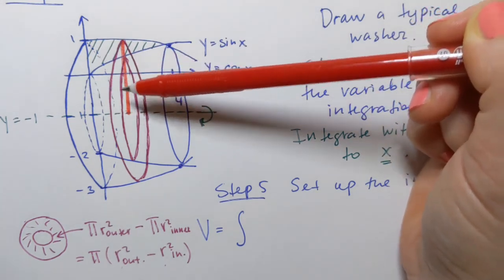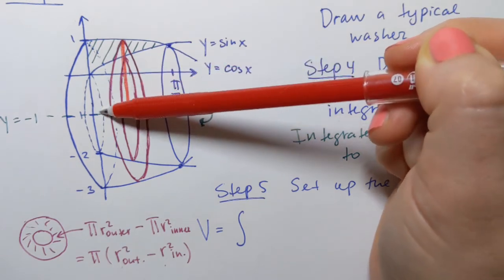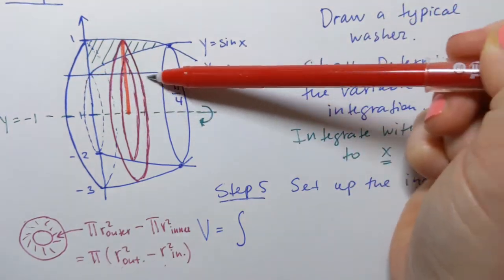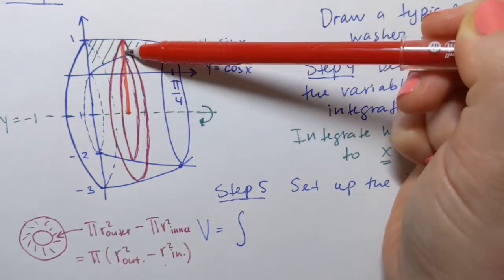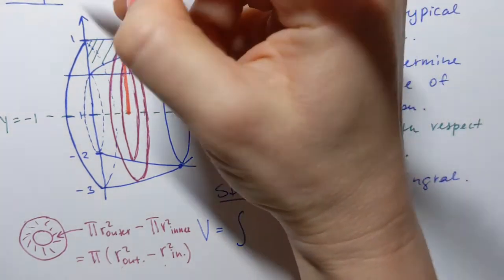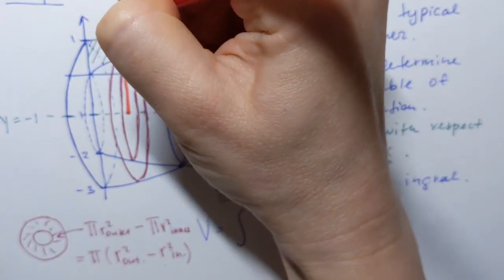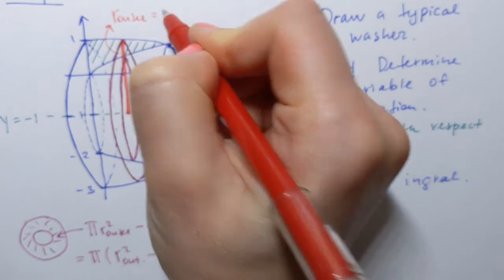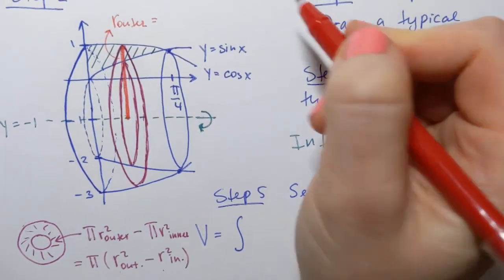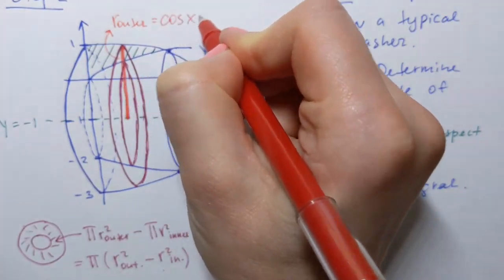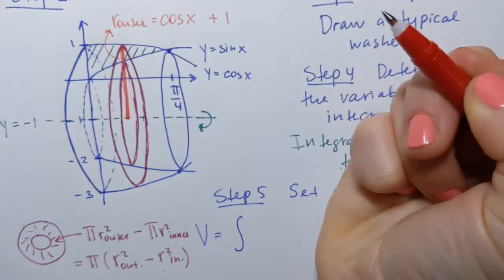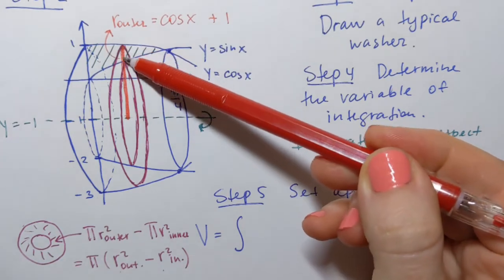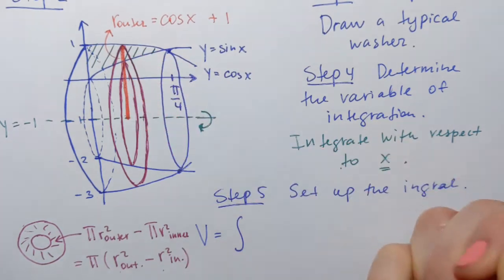It's always going to be 1, because the second portion right here goes from the line y equals -1 to the x-axis. So it's exactly 1 unit. So altogether, this outer radius will be expressed by cosine of x plus 1, or 1 plus cosine of x, either way, right? Cosine of x is this part, 1 is that part.